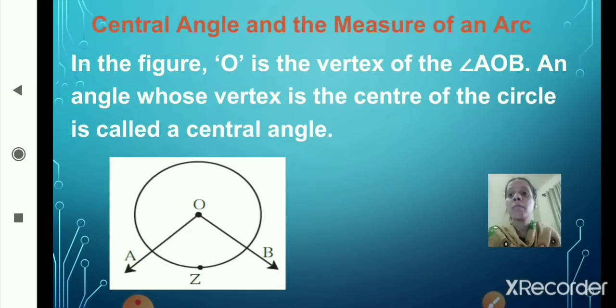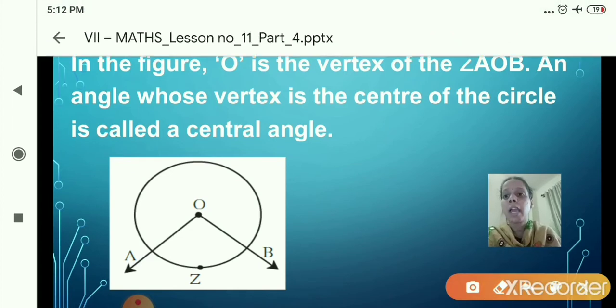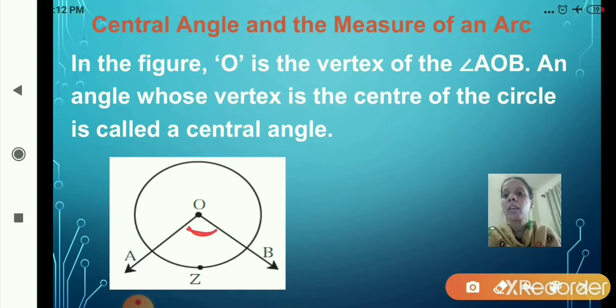Now what is the meaning of central angle, and what is the measure of an arc? In the figure, O is the vertex of the angle AOB. As you can see here in this figure, this is angle AOB and the vertex of the angle is O. An angle whose vertex is the center of the circle is called a central angle.